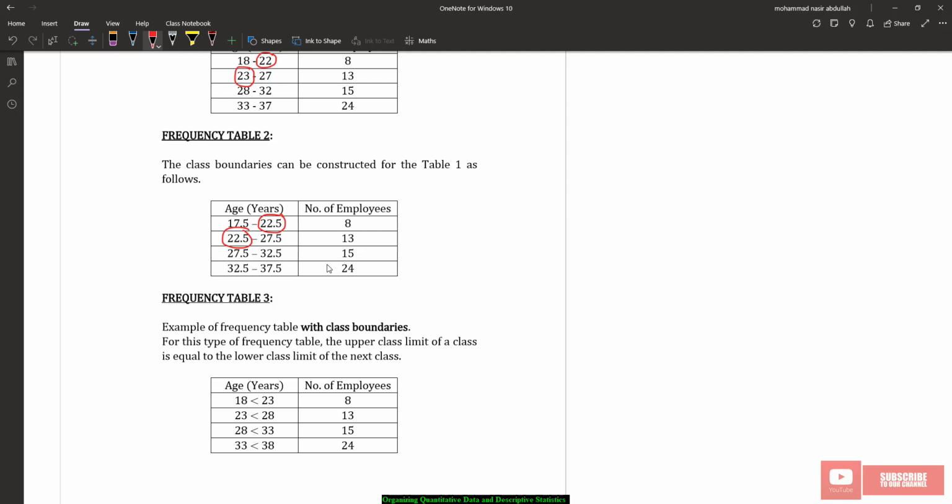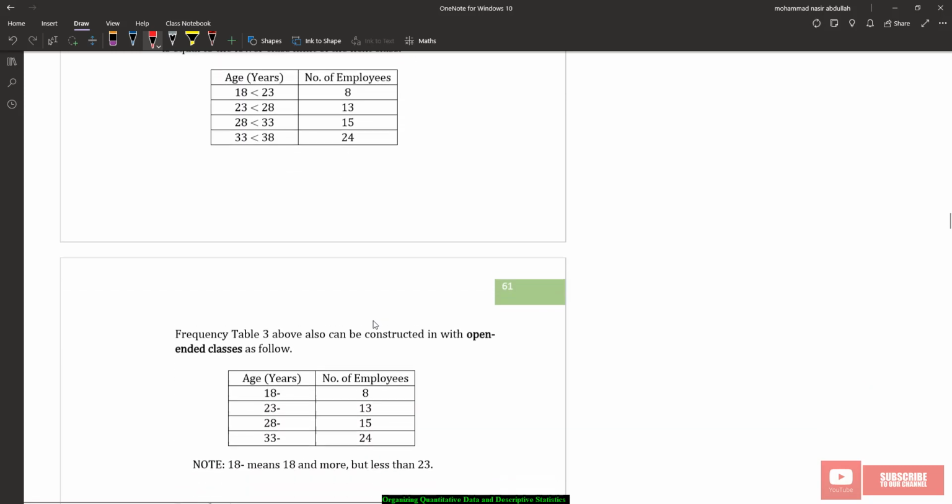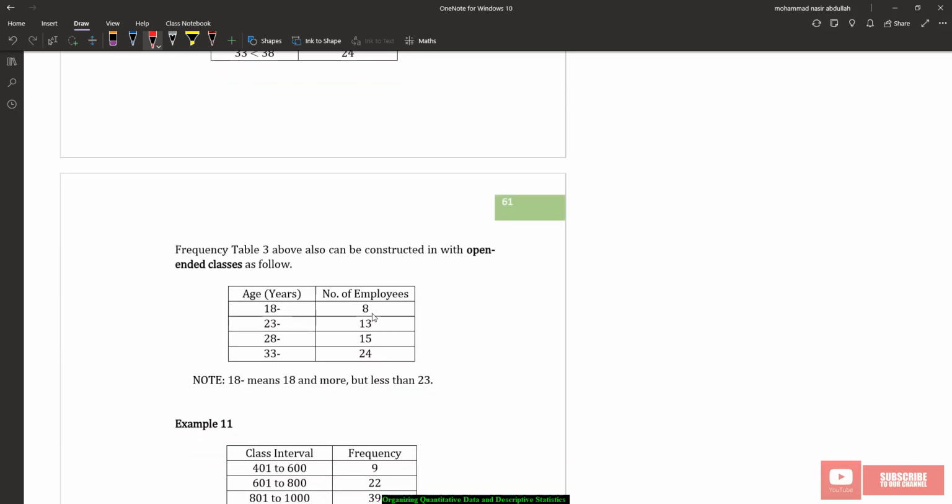Then for another frequency table, we have a less than method: 18 less than 23, 23 less than 28. So this is another method of presenting a frequency table for grouped data. We also have open-ended classes, which is 18 to blank, and 23 to blank, and so on.